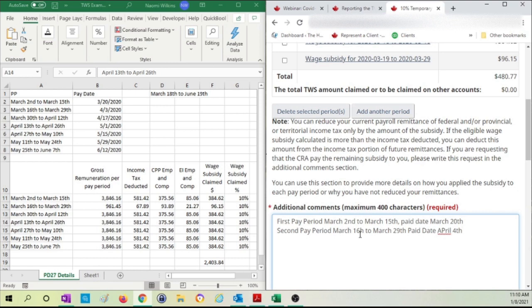And you don't need to do that for all of them. Just do that for the ones that you had to modify because it's the screen.